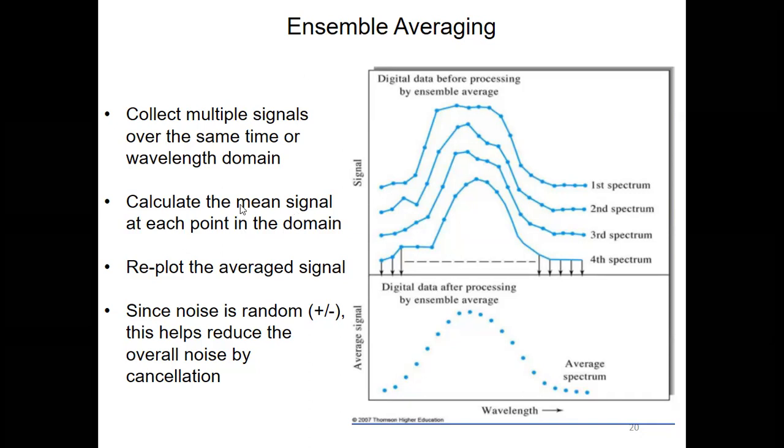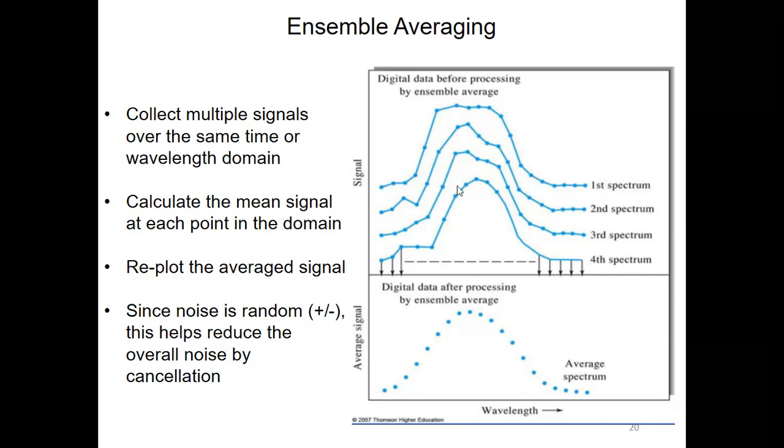Basically, we get the mean of all the multiple signals and then replot the averaged signal. That is the final signal. Since the noise is random, it can be either plus or minus, so this helps reduce the overall noise by cancellation.